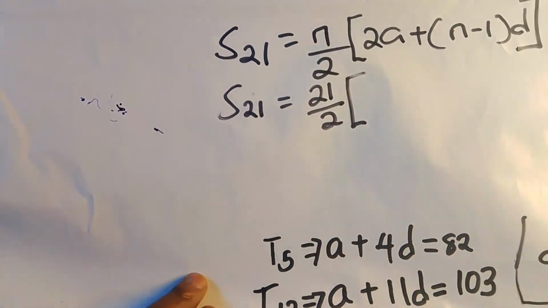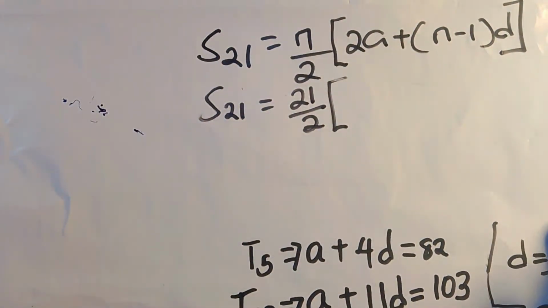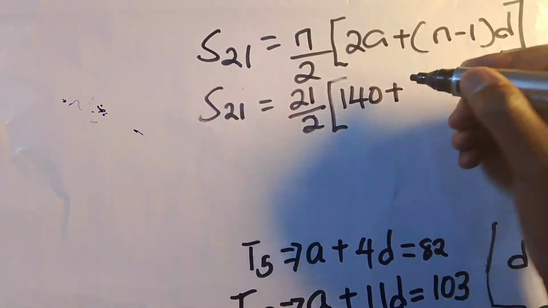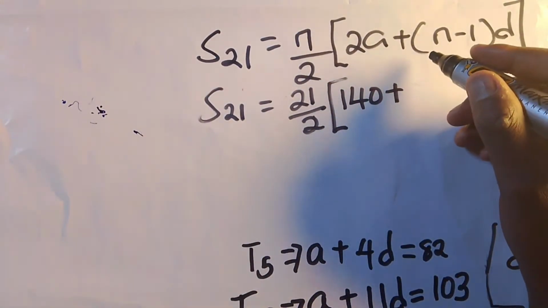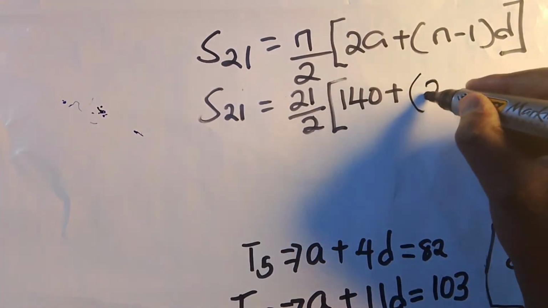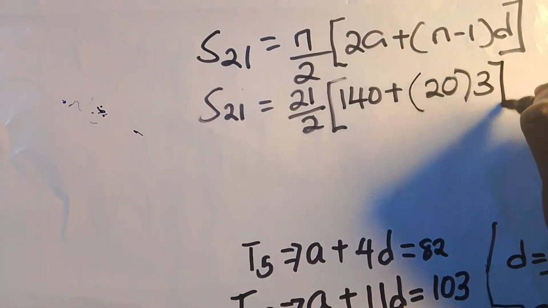Our a tumepata ikiwa 70. So 2 times 70 will be equal to 140 plus n minus 1. Our n ni 21 minus 1 will be equal to 20, and 20 times d is 3.